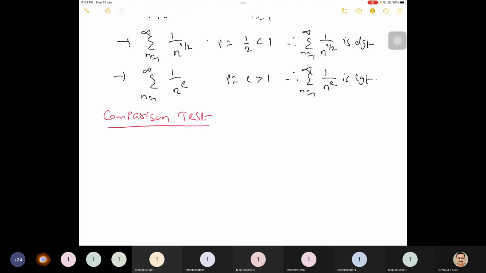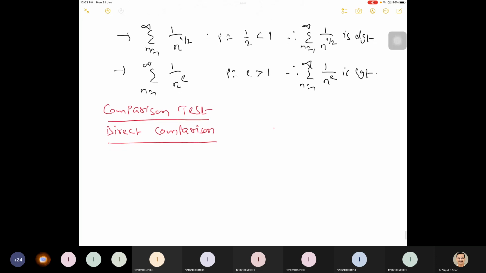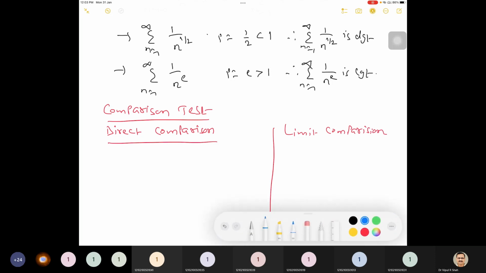One is known as direct comparison and another is known as limit comparison.